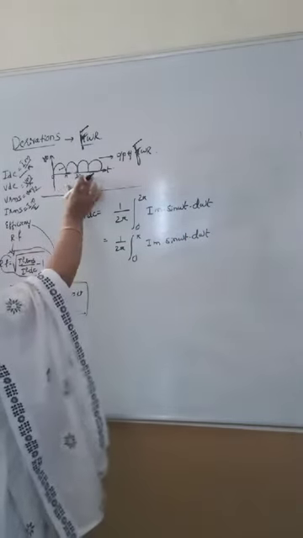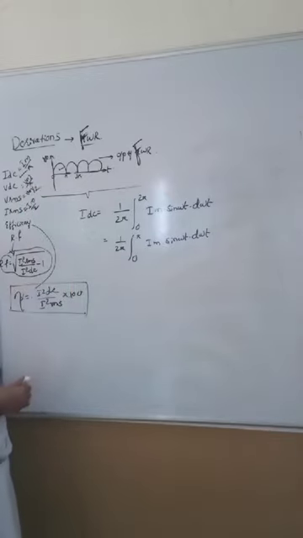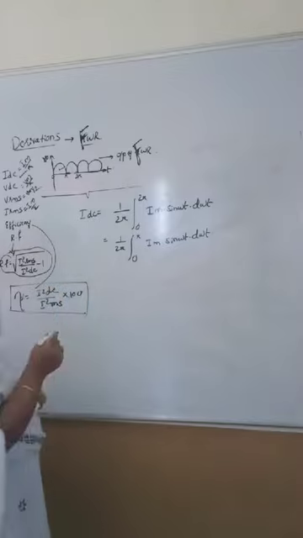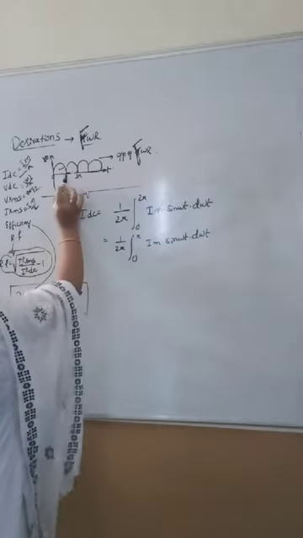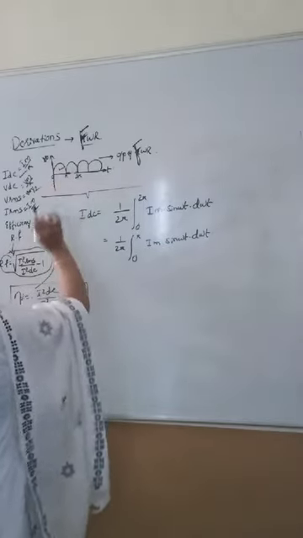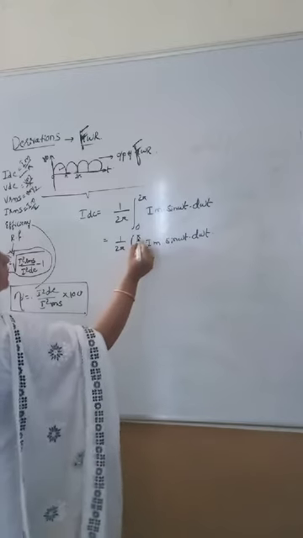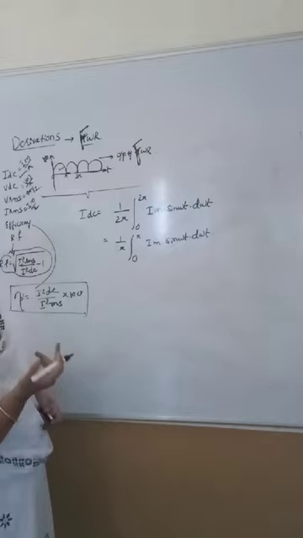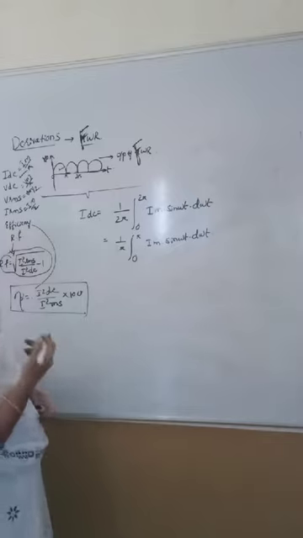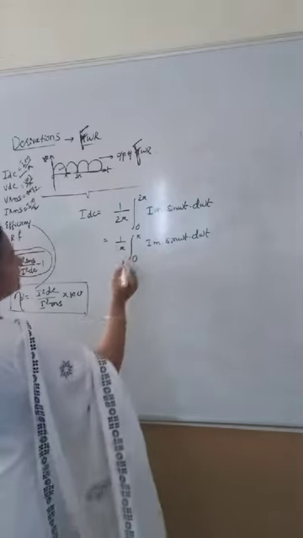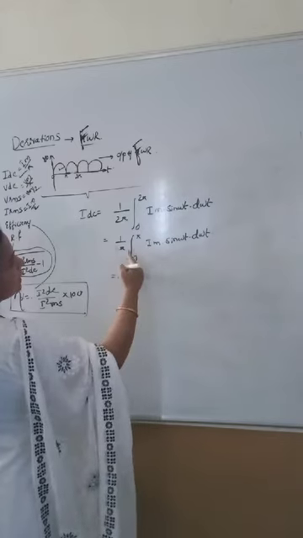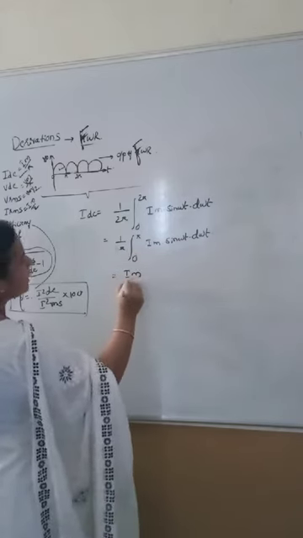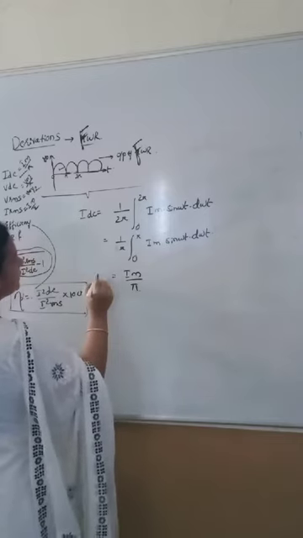Now, just to see the full wave rectifier waveform, if you integrate over this, everything is going to be the same. So we are going to integrate only for 0 to pi, for the period 1 divided by pi. If you integrate this, Im sine omega t, so this is going to be Im by pi.